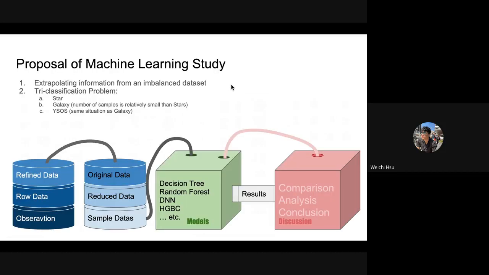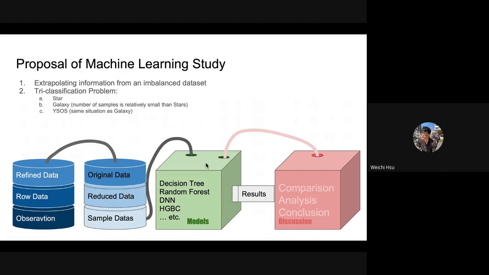And in this slide, I plot a cartoon to show our procedure. The first part is about the data preparation because our data is imbalanced. And the green box is about the machine.